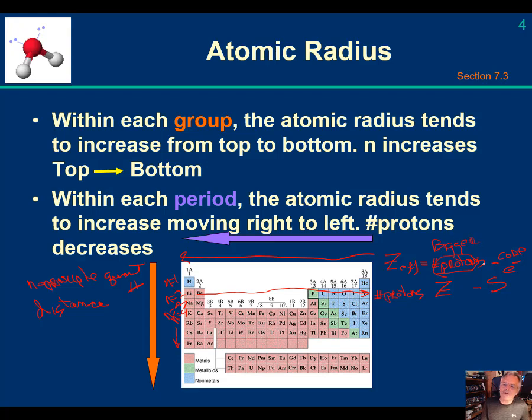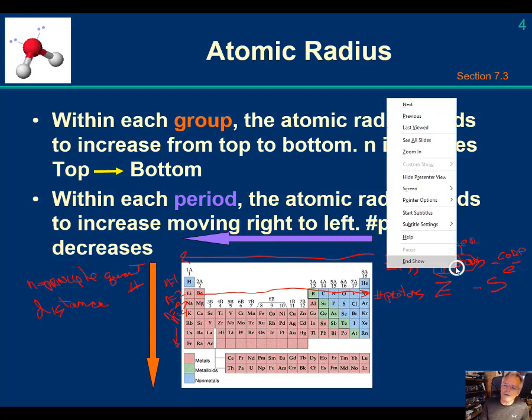And since we're at the same principal quantum number as we go across, this is 2s, this is 2p, everything that's in the core is still, the highest energy is at n equals 2, but the number of protons is increasing.